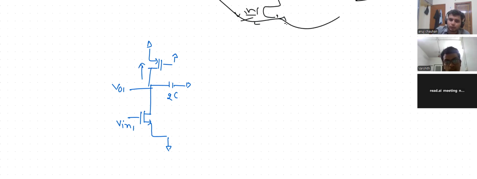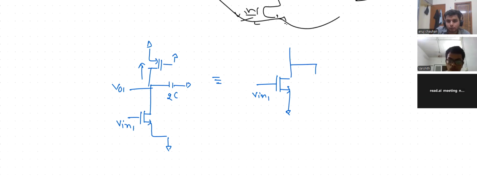So effectively, if this is my actual structure, V in, I want to compute with this 2C as a load, and this as a current source having R0P as impedance. Here I want to compute the power. This is the simplest form, no?